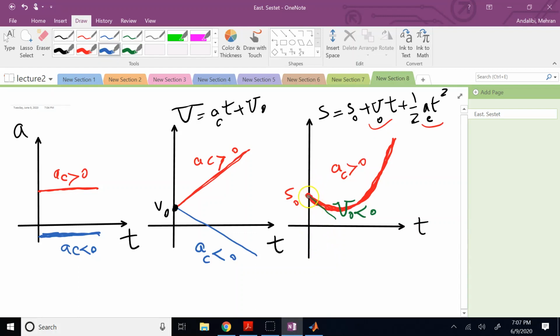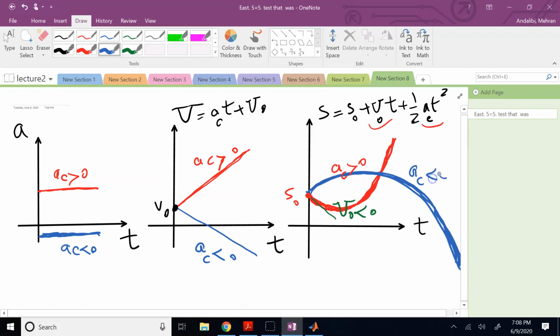What about this case? What about this blue parabola? Clearly curvature is negative, so a is negative. But if you look at the initial slope, it is what? Positive.